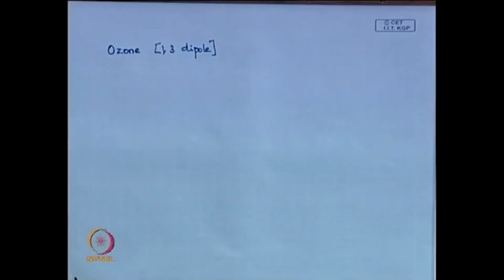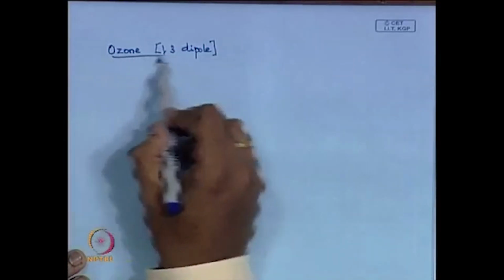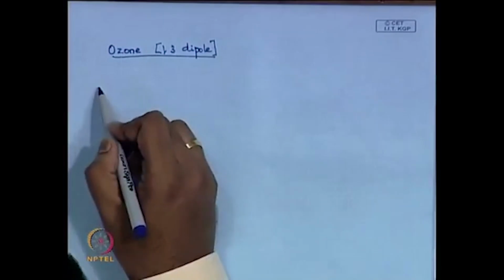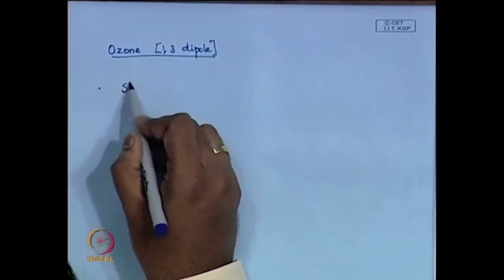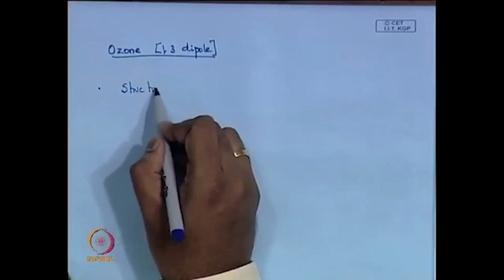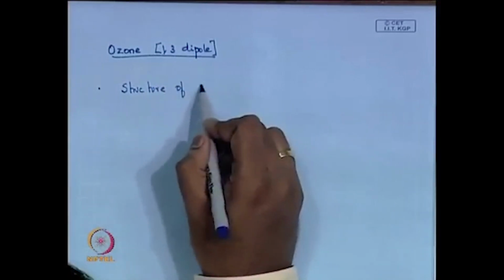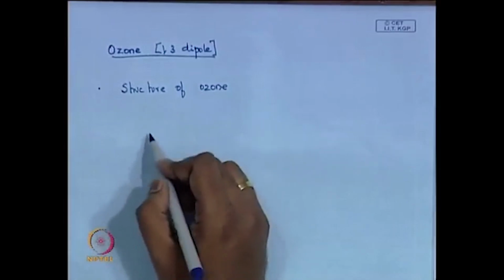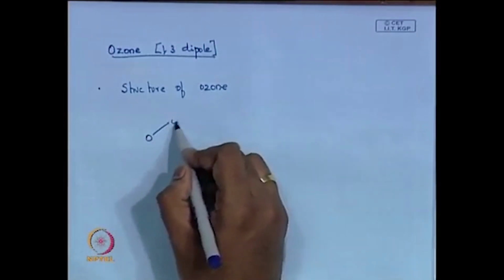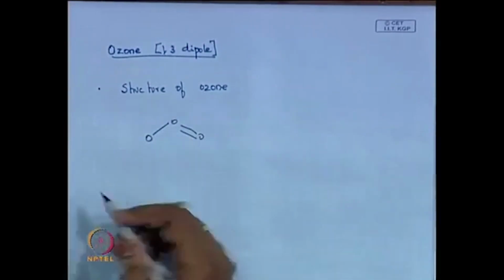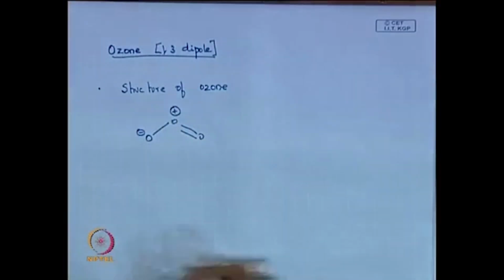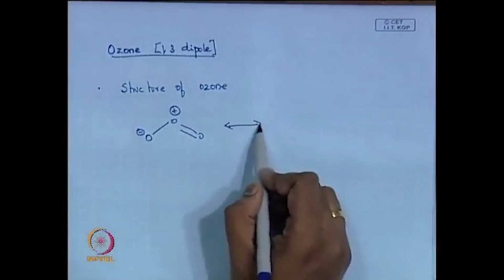Using ozone as a 1,3 dipole, we will study how it works. Just to refresh, the structure of ozone can exist in both forms in equilibrium.